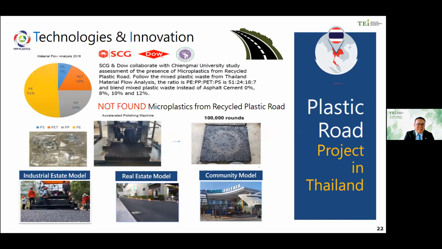A recycled plastic road project is also being developed, and right now it is in the process of testing the environmental impact of the road construction, and also in the process of certification by government agencies.